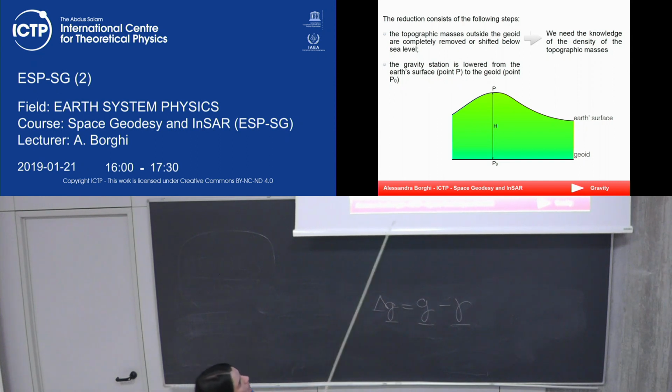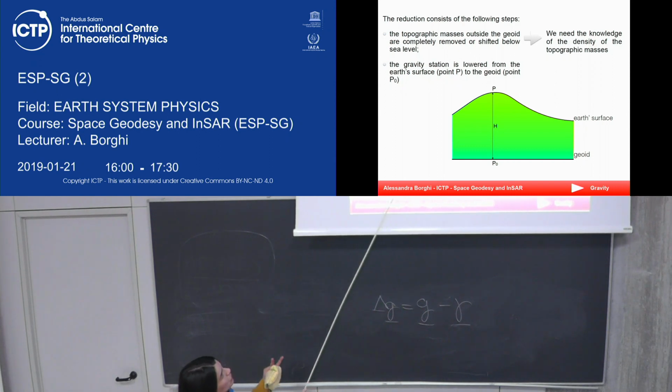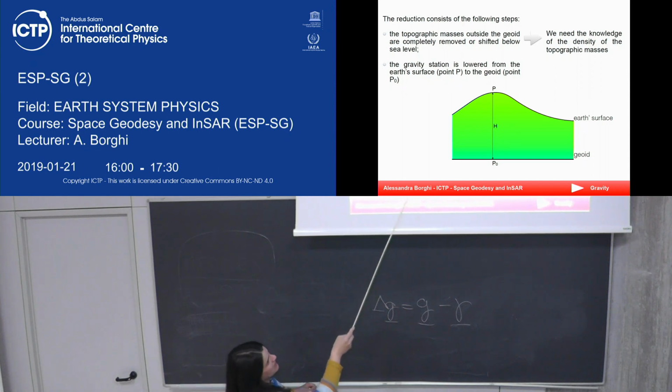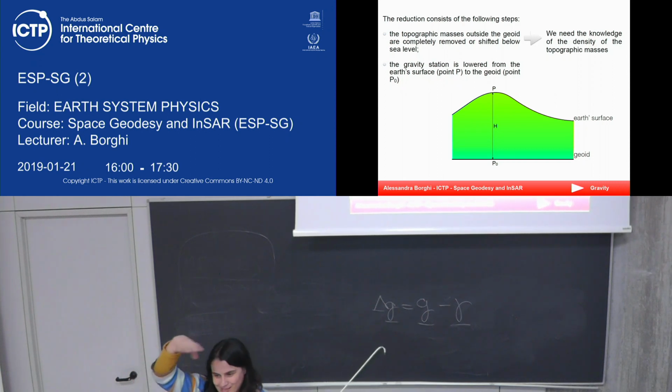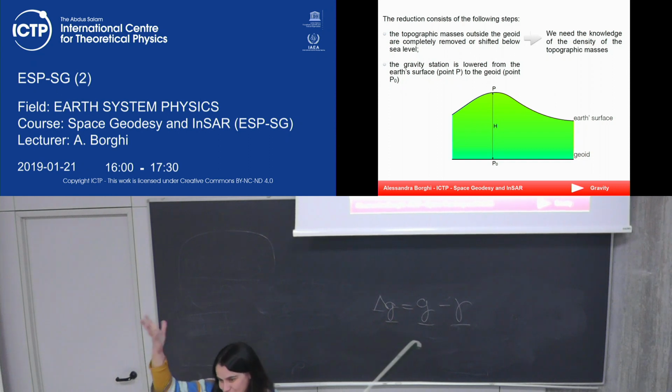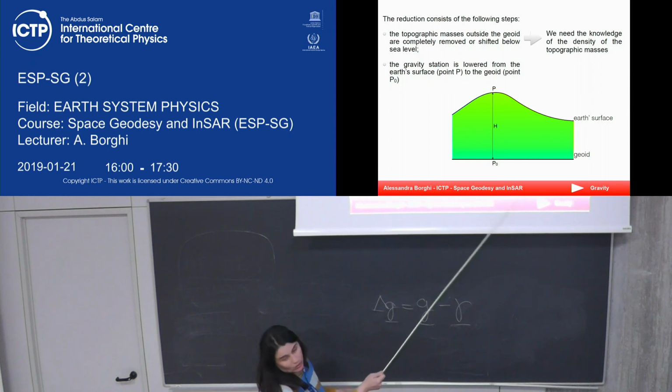So what we have to do is remove the effect of this mass, and we have to do two things: reduce the effect of these masses between the topography surface and geoid surface, and if you cancel or reduce for these masses, you obtain a point on the Earth surface in the air. So we have to translate this point on the geoid.